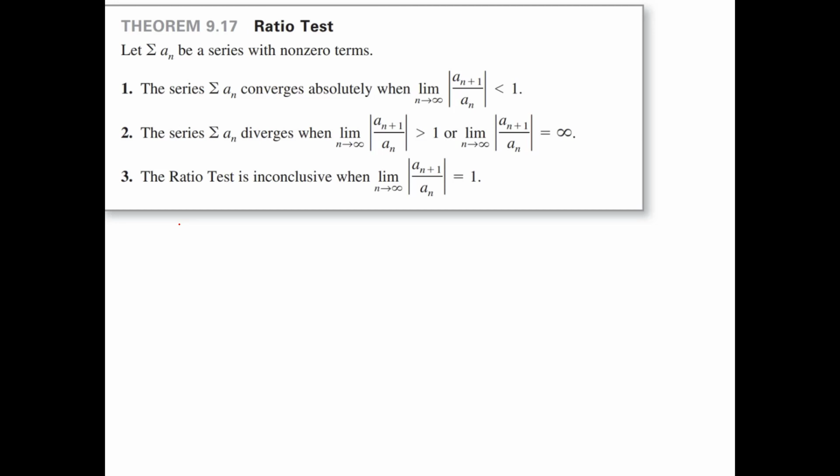So let's see why this works. Suppose we know that the limit as n goes off to infinity of the absolute value of a sub n plus 1 divided by a sub n is equal to r, and r is less than 1. What this really means is that as you go further and further to the right, you get closer and closer to r.